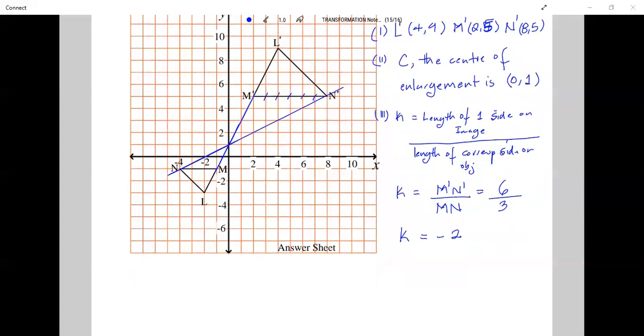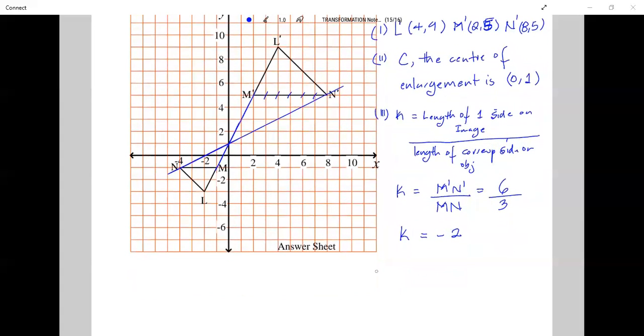Lastly, we're told that the area of triangle LMN is equal to 3 square units, and we're asked to find the area of L prime, M prime, N prime.